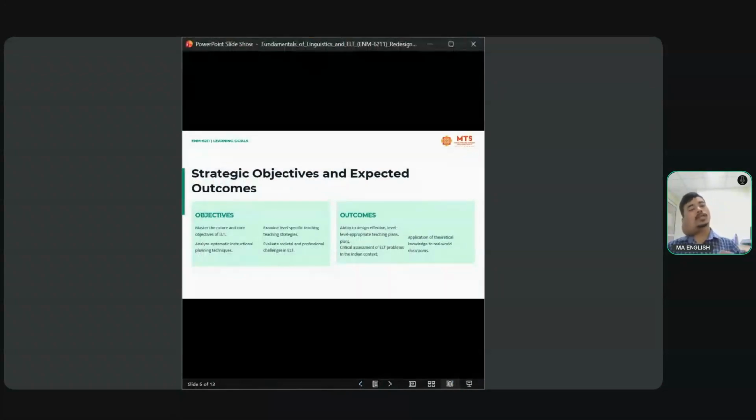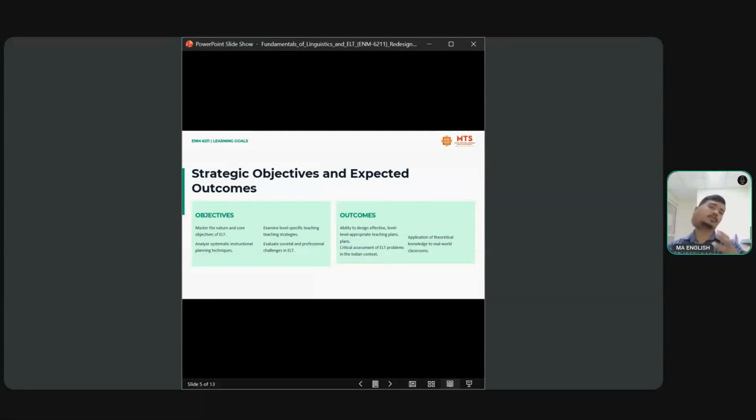So to analyze systematic instructional planning techniques, and to examine level-specific teaching strategies. And then evaluate societal and professional challenges in ELT. So these are the main objectives of today's discussion.